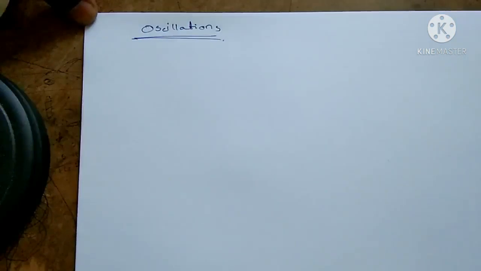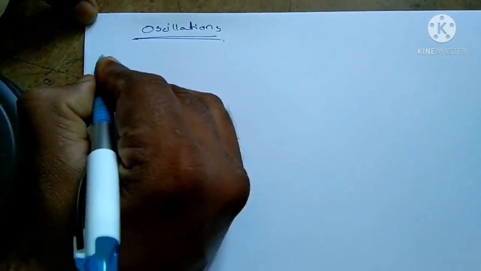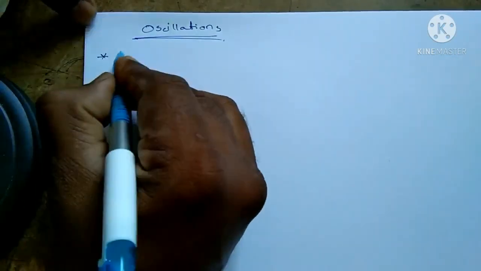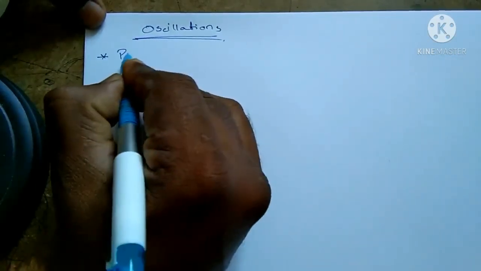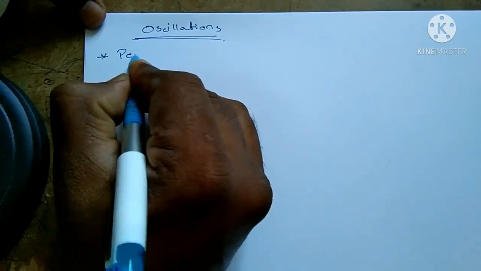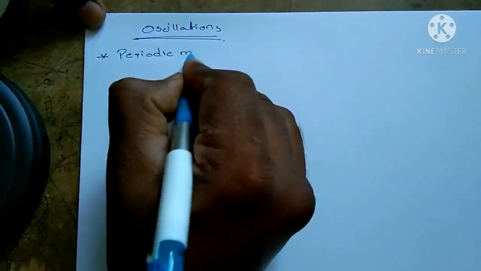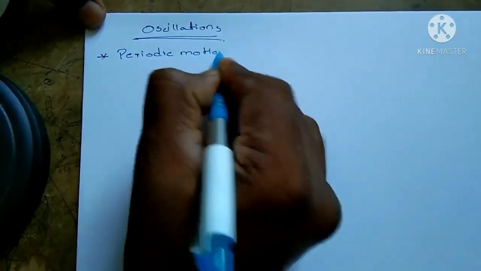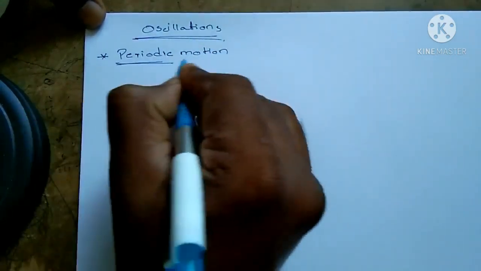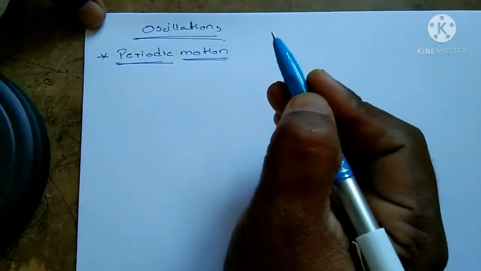So oscillations. Before entering into the actual content, let us discuss some varieties of motions, and in that category the first one is periodic motion. What is periodic motion?